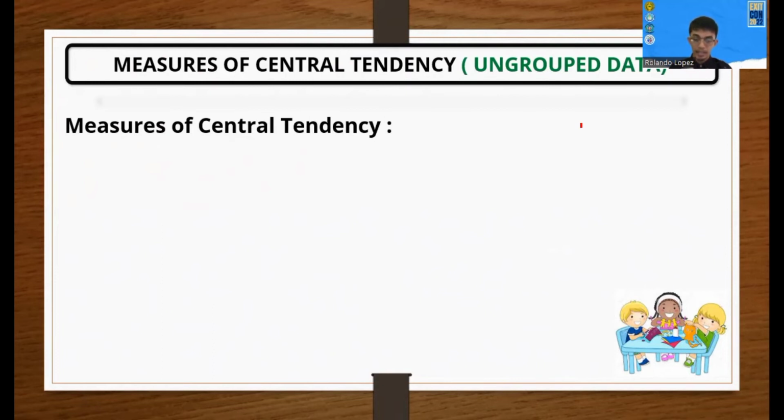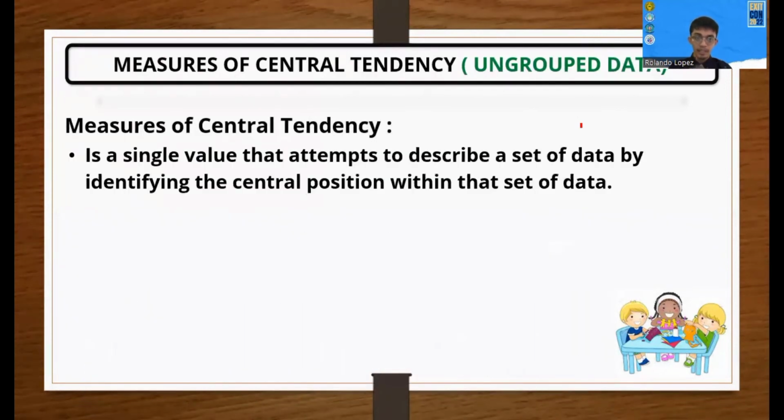Let's define next the measure of central tendency. It is a single value that attempts to describe a set of data by identifying the central position within that set of data. In short, class, it tells where the center value of a data set is located.